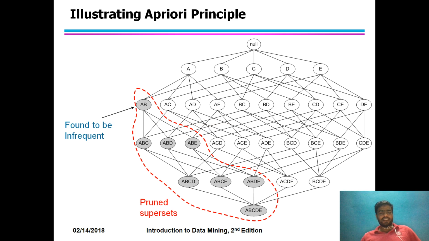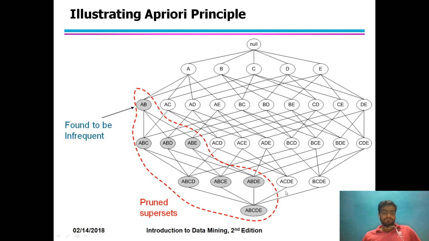So you can see here, if AB is infrequent, then ABC is also infrequent because it contains AB. ABD is also infrequent because it contains AB. ABE is also infrequent because it contains AB. ABCD is also infrequent because AB is part of it. Similarly, if AC is infrequent, then ACD will also be infrequent.